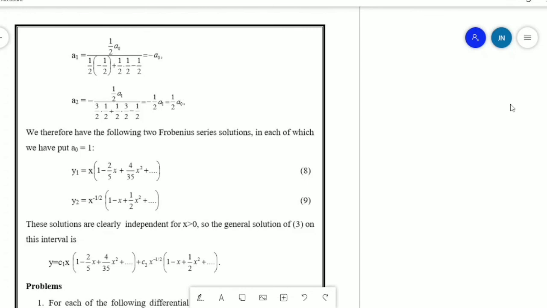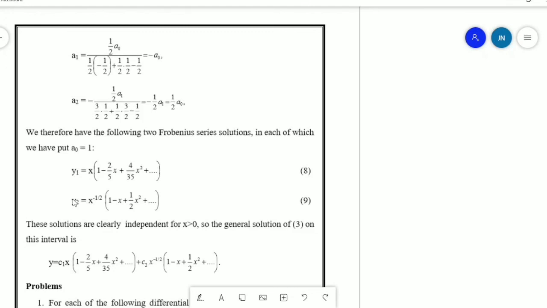From m2 equal to minus 1 by 2, you will get a1 equal to minus a0 and a2 equal to 1 by 2 a0, etc. Putting a0 equal to 1 in our solutions, you will get y1 equal to x raised to m1, that is x raised to 1 into (1 minus 2 by 5 x plus 4 by 35 x squared plus etc.), and y2 equal to x raised to m2, that is x raised to minus 1 by 2 into (1 minus x plus 1 by 2 x squared plus etc.).